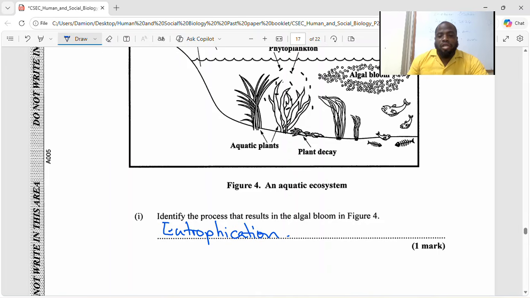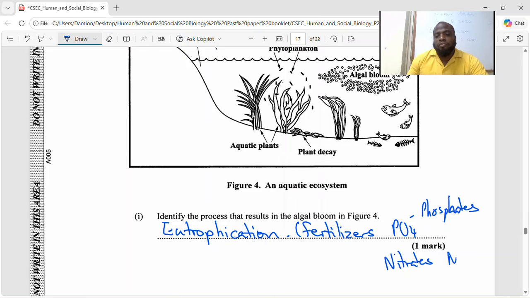So agricultural runoff, especially fertilizers, and not just any, high in the phosphates, and of course the nitrates.